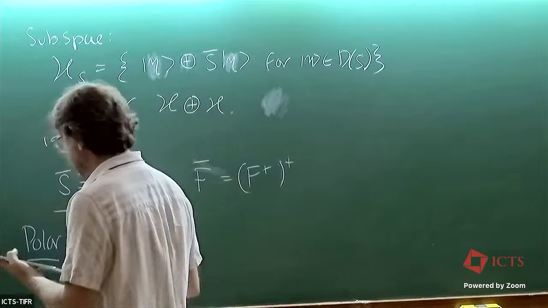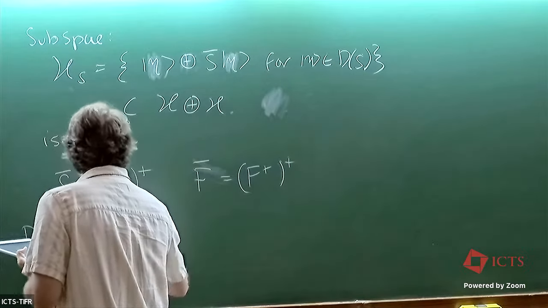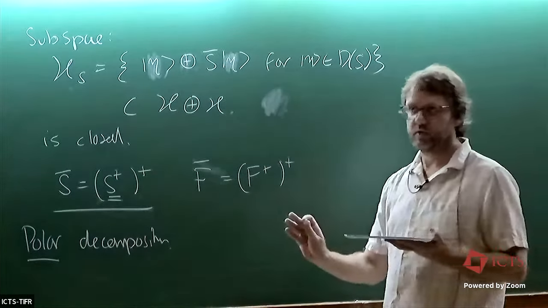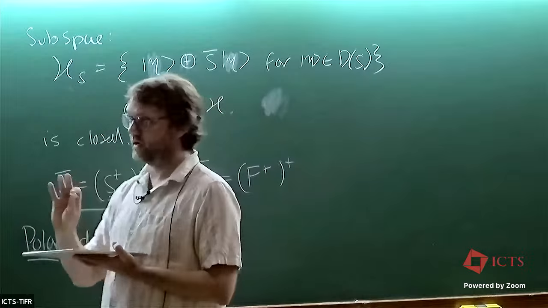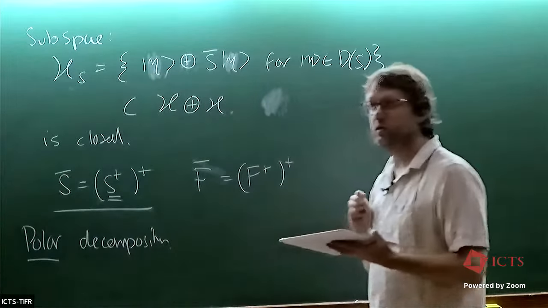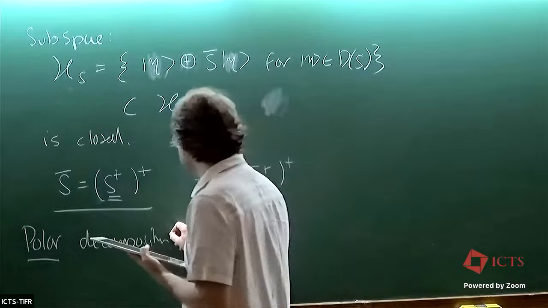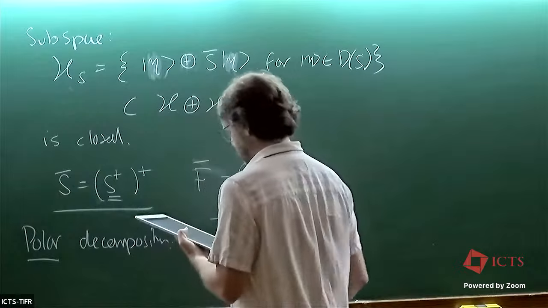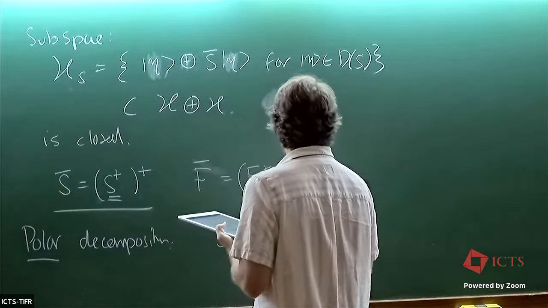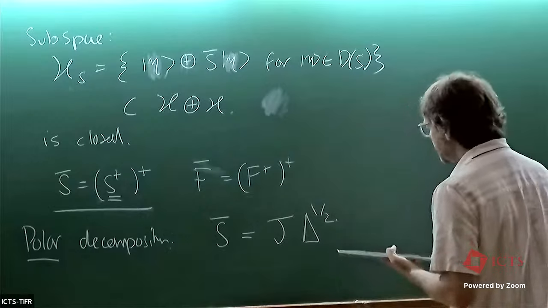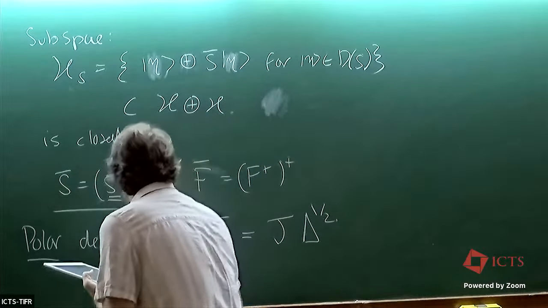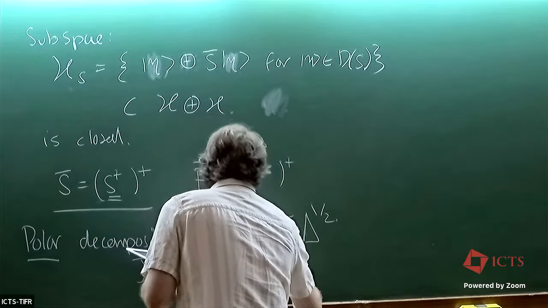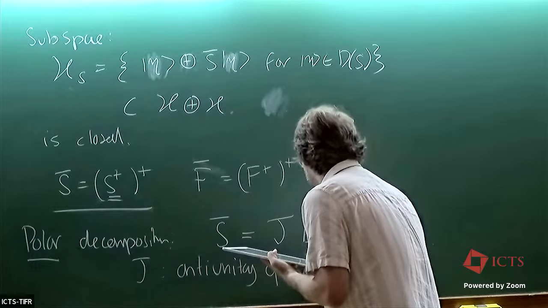So the polar decomposition is just the usual polar decomposition for operators. You've probably heard of this for matrices. If I have an arbitrary matrix, I can always write it as a unitary times a positive operator. So we have the same thing here just because of what we just showed. So S bar is J delta to the half, where J is not a unitary, J is an anti-unitary operator, and delta is a positive operator.